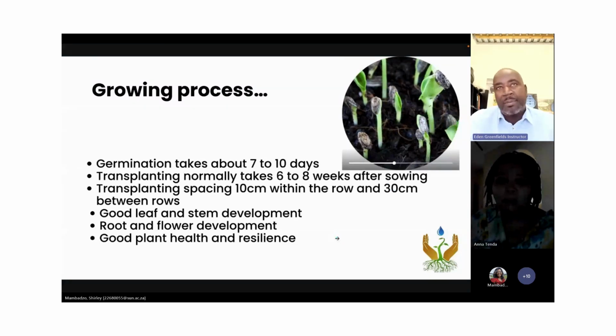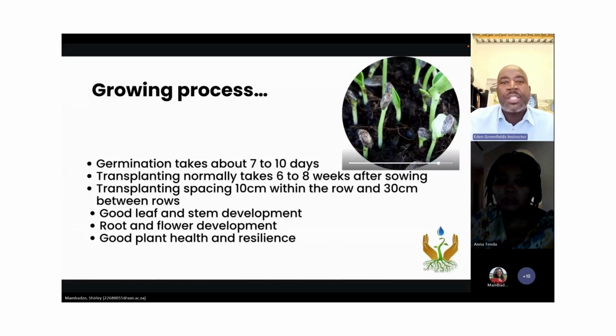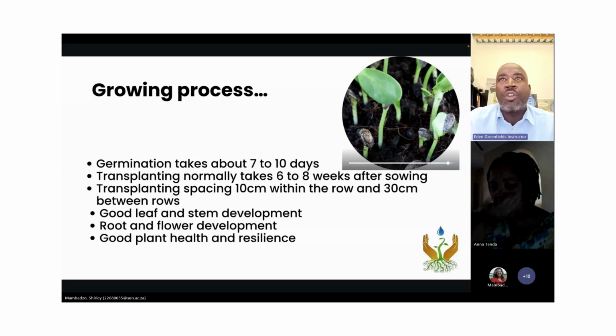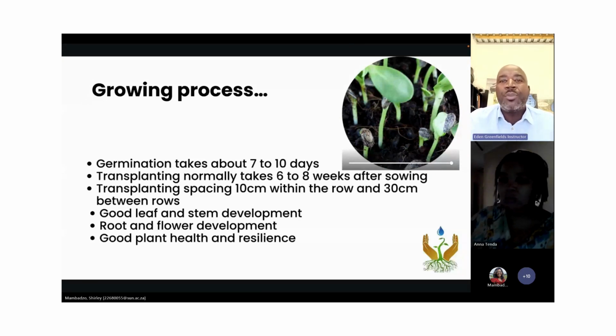Transplanting spacing between your onions in the row is going to be 10 centimeters, and your rows must be 30 centimeters apart. That's what we recommend, so that weeding can be easier if you are doing manual weeding.